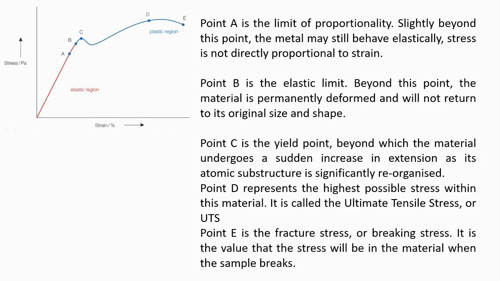It is the value that the stress will be in the material when the sample breaks, or the force applied when the material just breaks. These are some important points related to the force-elongation graph or stress-strain graph of stainless steel.